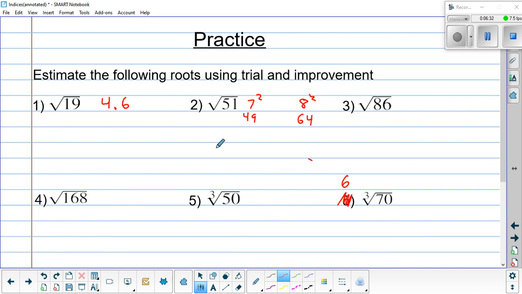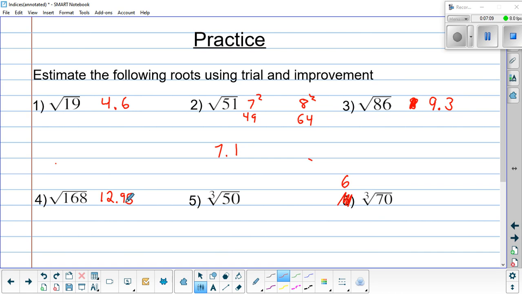I worked out that my guess is going to be 7.1. Next, with the root of 86, I guessed 9.3. So yours will be maybe a little bit different because obviously it depends on your guess after we got it close. Trial and improvement, right? Square root of 168. Well, I know 169 is 13 squared, so mine was 12.9. I actually went as far as putting 12.95.